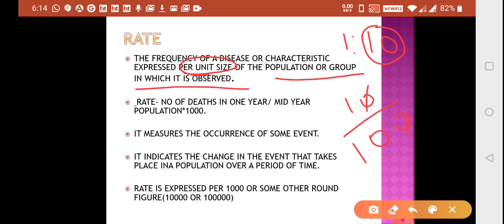Amongst the 10 there will be one person, and amongst the one person there will be 0.1. So it is going to tell you per unit how much the probability is. This is what the rate is.